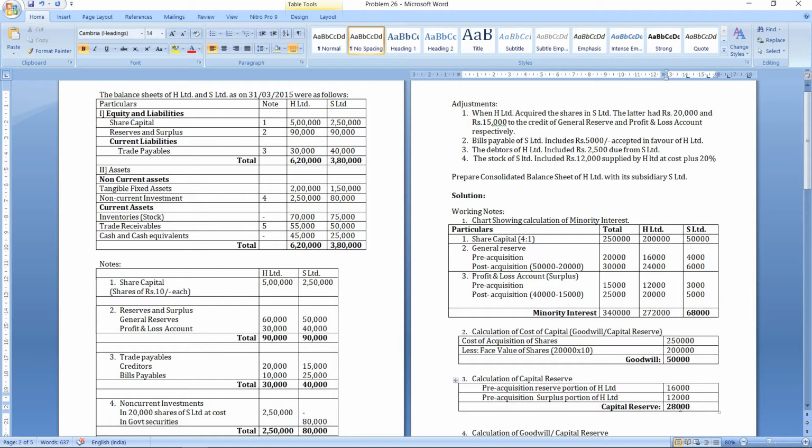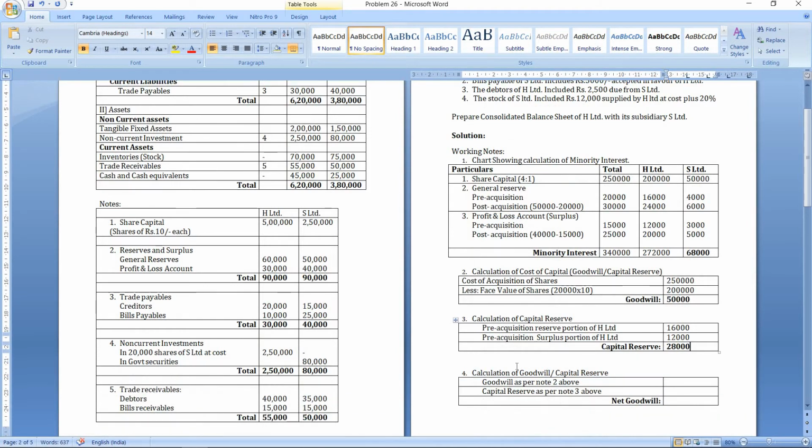This is our capital reserve. The next step is to calculate the goodwill or capital reserve that will be shown in the balance sheet. Goodwill, as calculated above, is 50,000 and capital reserve is 28,000. Naturally goodwill is more than capital reserve, so you will have net goodwill. The net goodwill shown in the balance sheet is 22,000.